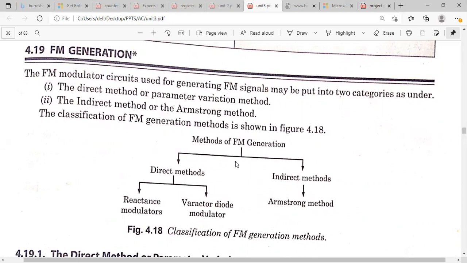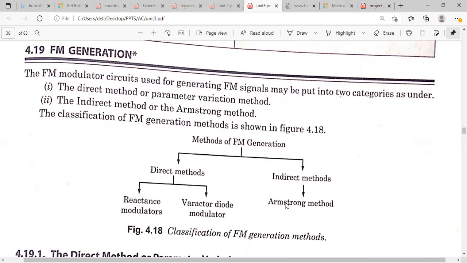Okay, so you need to remember the methods of generation of the FM wave: the direct method and the indirect method. The direct method can be obtained by using a reactance modulator and a varactor diode modulator. The indirect method of generation can be obtained by using the Armstrong method. Okay, so in previous classes we discussed the types of FM, narrowband FM and wideband FM, and how to generate the narrowband FM signal depending on the modulation index, and how to generate wideband FM.